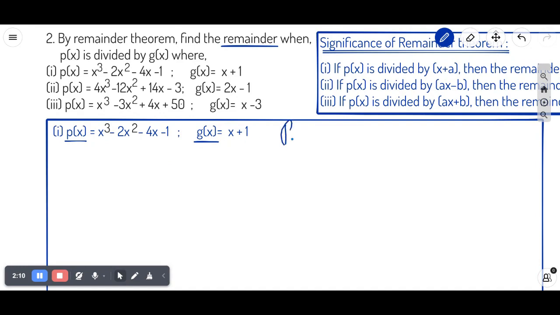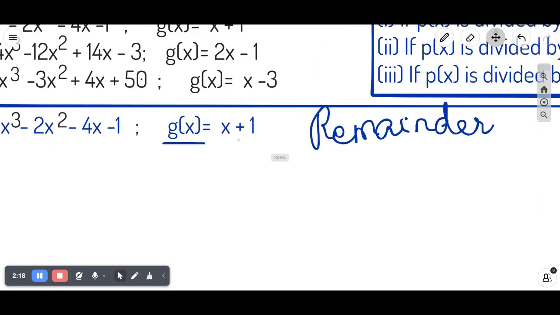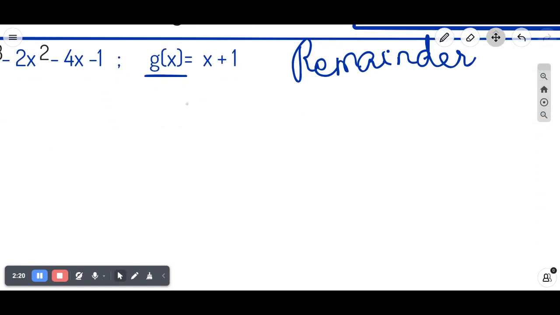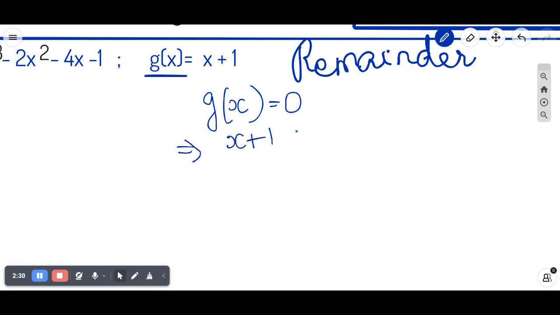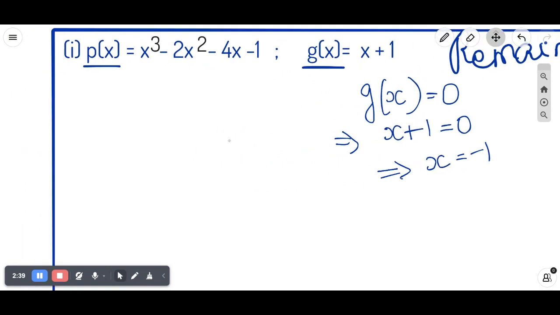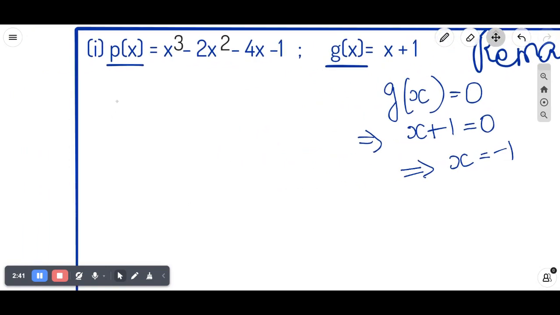As per the remainder theorem, you take this g of x and equate it to 0, which means x plus 1 is equal to 0, so x is equal to minus 1. Since you have got your x, you put x is equal to minus 1 in your p of x.